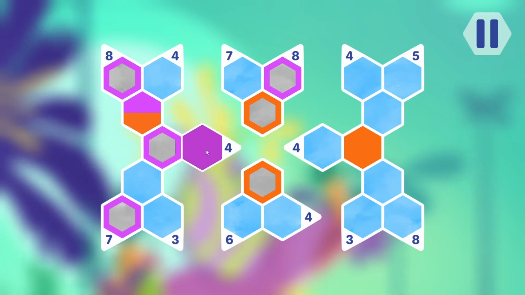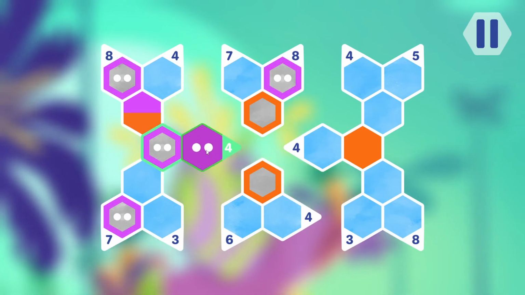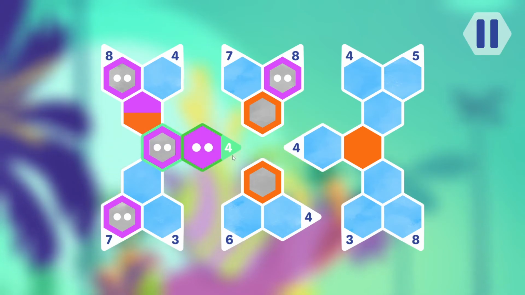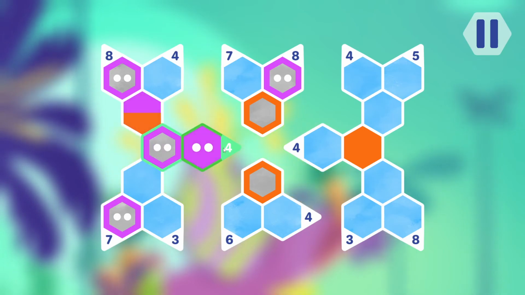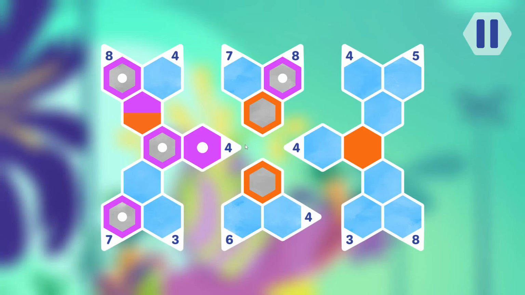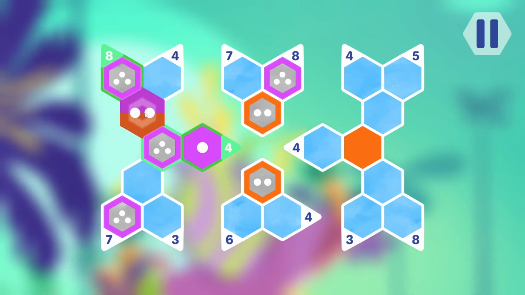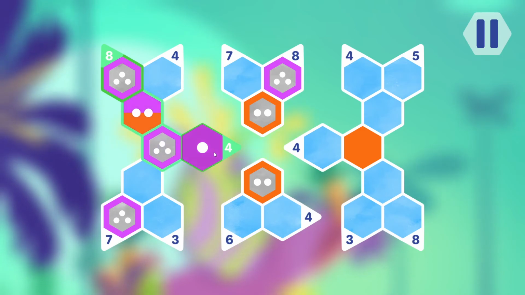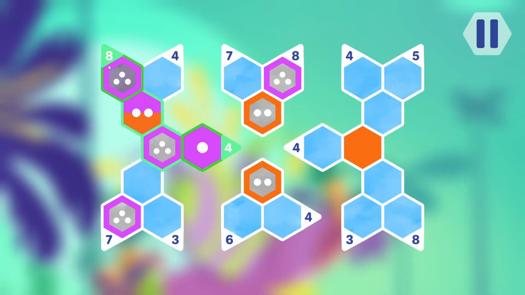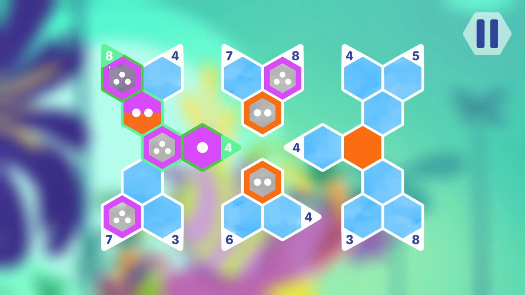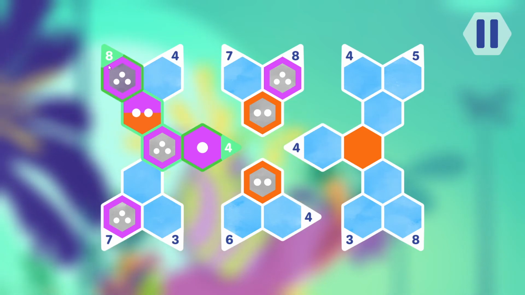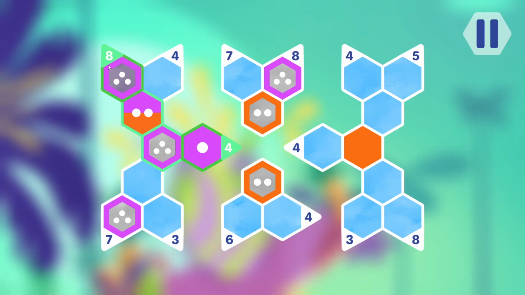Okay, if it's 2 then it is 4, and this becomes empty, so this is 1, and to complete it to 4 we need to put here 2, and we have 4, and of course 8 because it relies only on purple. So finished purple.